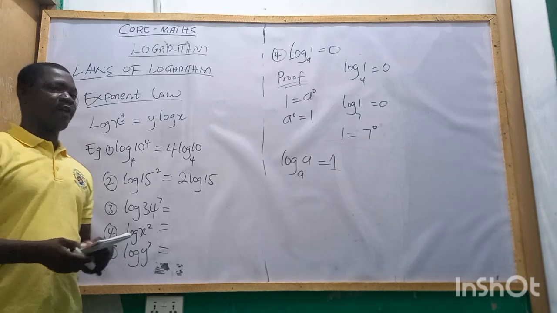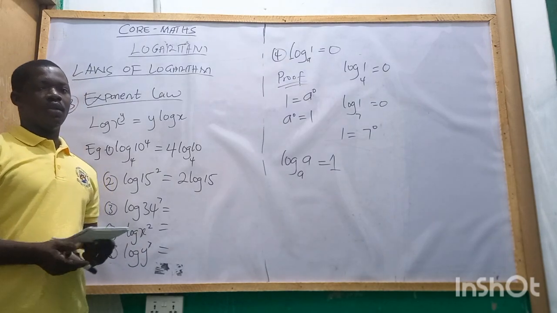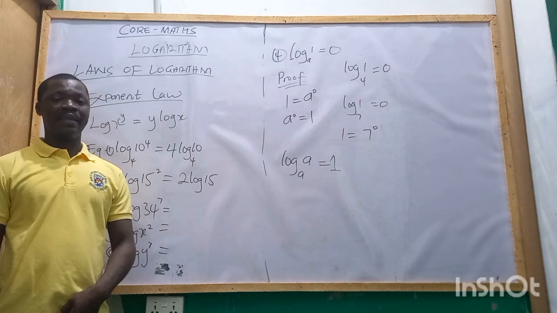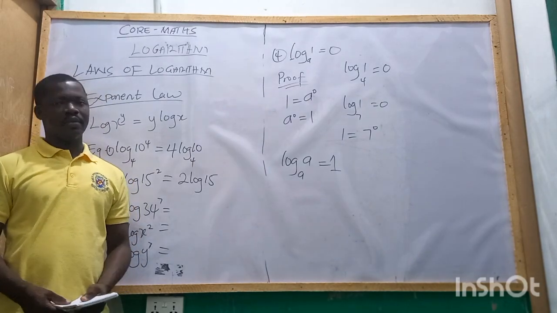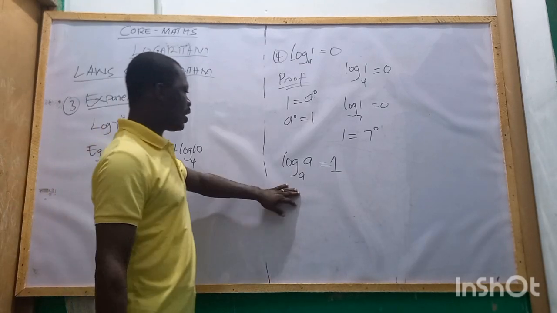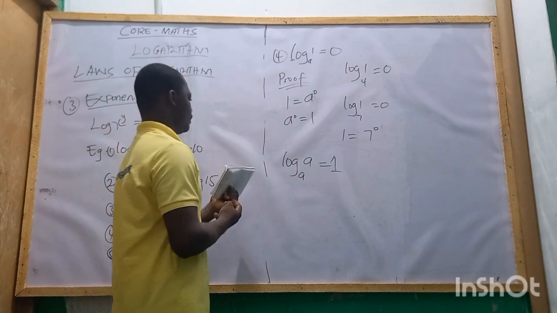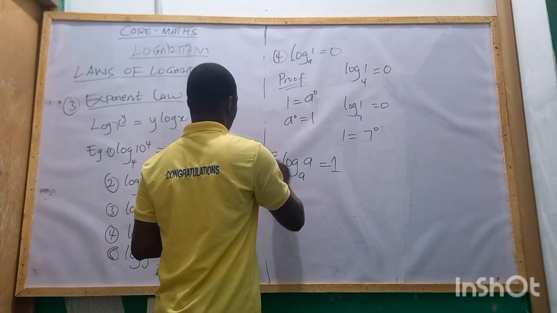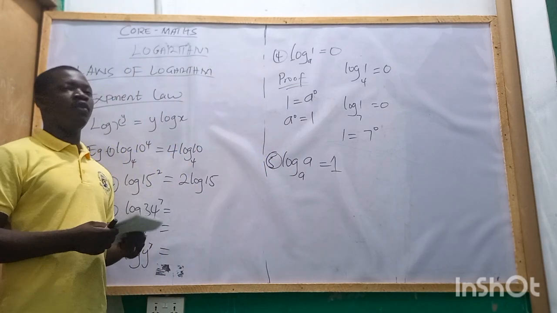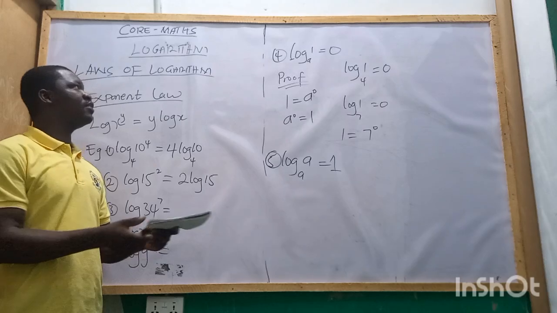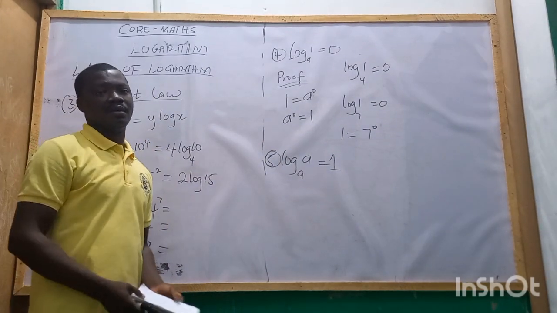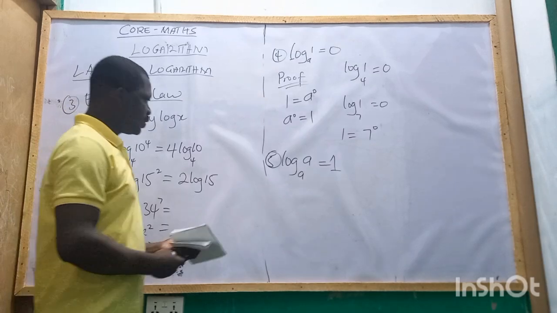Log 5 base 5 is 1. Log 6 base 6 is 1. Log 10 base 10 is 1. Right, so log to its own base is what? 1. So this is the fifth one. Log of its own base is what? 1. This one we can use the same approach to prove it. Right, so let's see the proof.